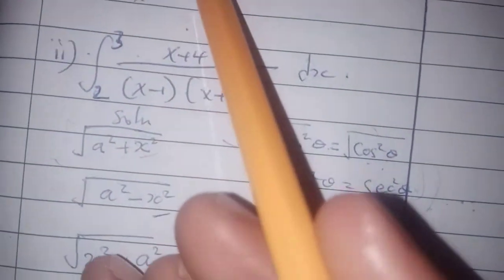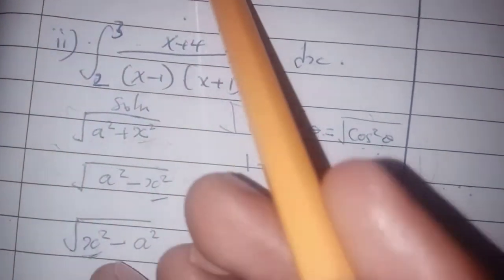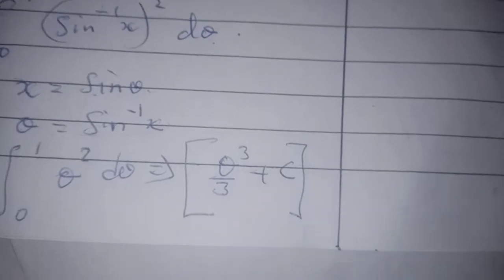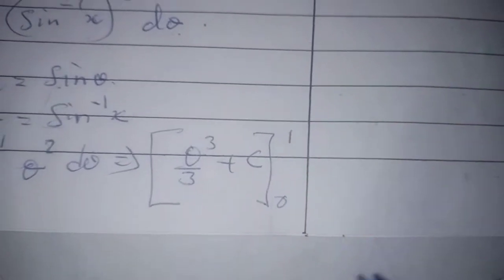Our function was in terms of x. We have integrated in terms of theta, then we are supposed not to leave it like that, but substitute theta back to x. Our theta is just sine inverse of x, so we substitute to get sine inverse of x, cubed, all over 3.